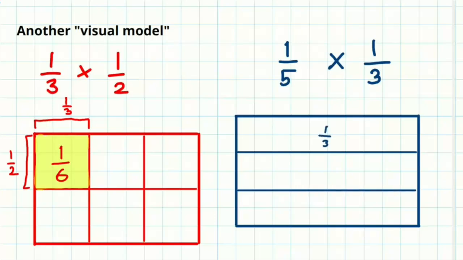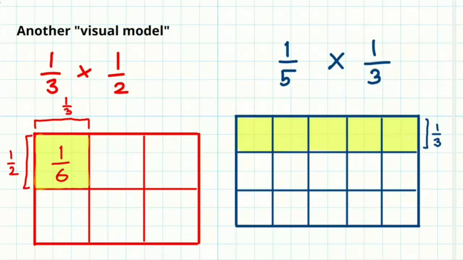Let's do this again one more time. So 1/5 times 1/3. Now this time I've put the thirds in rows, and we're going to take the fifths in columns. So 5 equal columns, and then we'll see how many parts in total we end up with.